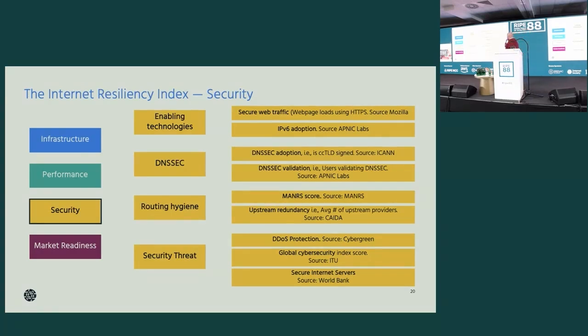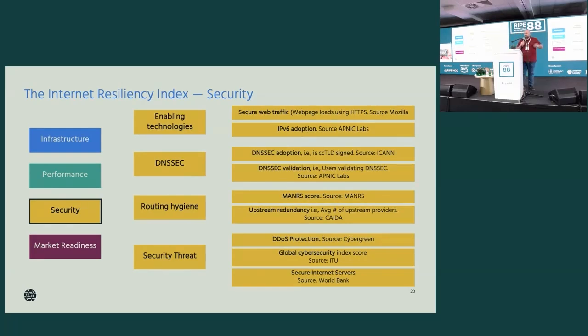And we look at MANRS score. Some of you may be familiar with that. Plus the upstream redundancy for the routing hygiene, DDoS protection, Global Cybersecurity Index, and secure internet servers according to the World Bank towards the security threat measurement.